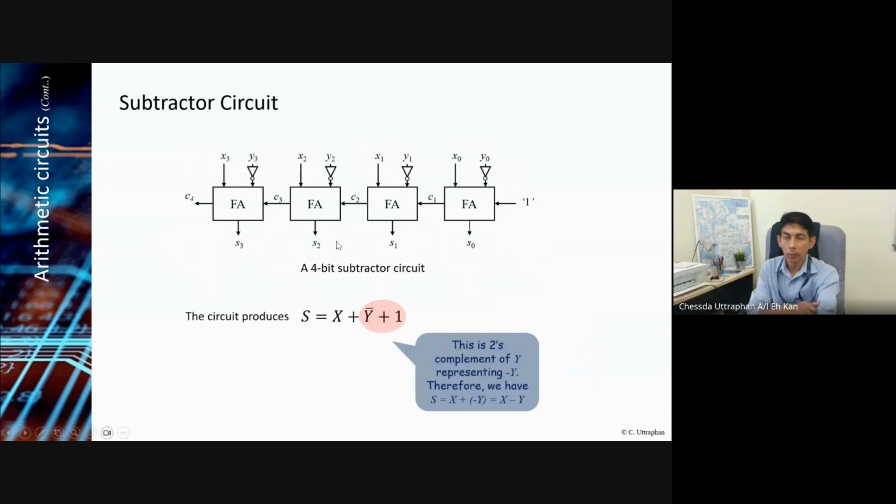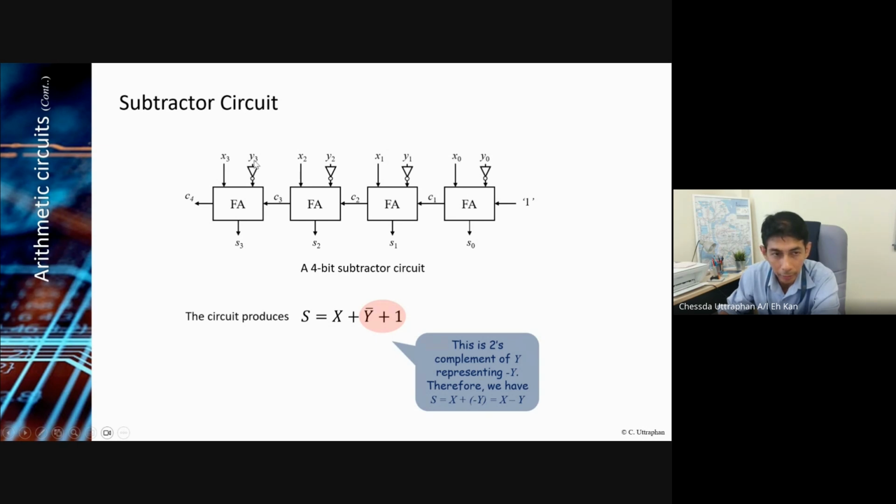Now, it's a good thing that we can use the full adder to design or to create the subtractor. But when we use this, you can see that this circuit will always be the subtractor, right?